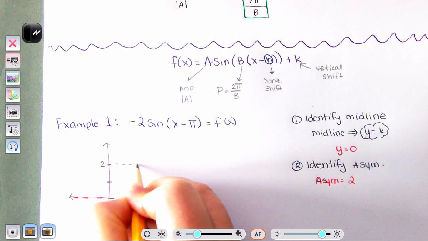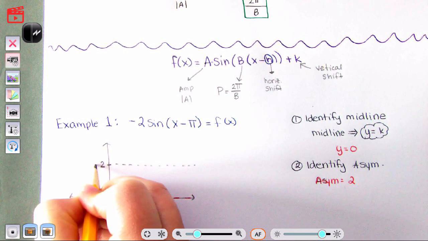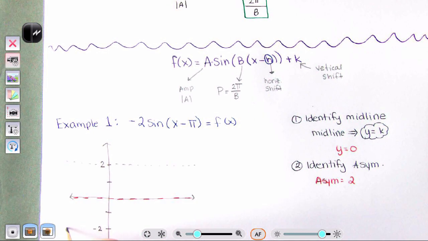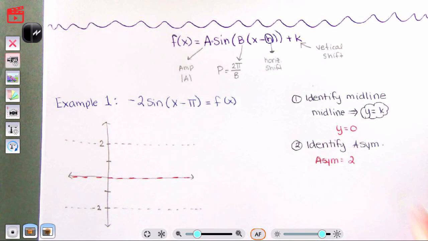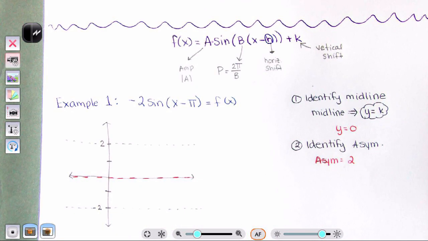And again, draw some dotted lines here. We're kind of boxing this in to show where the min and the max values will be, where the height and then the lowest part of the wave will be. So we identify the midline, we identify the asymptote.